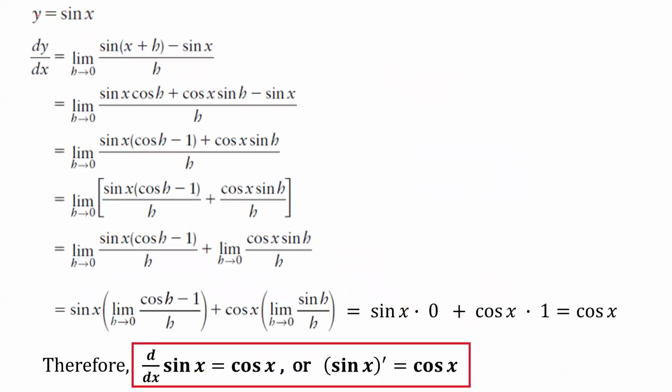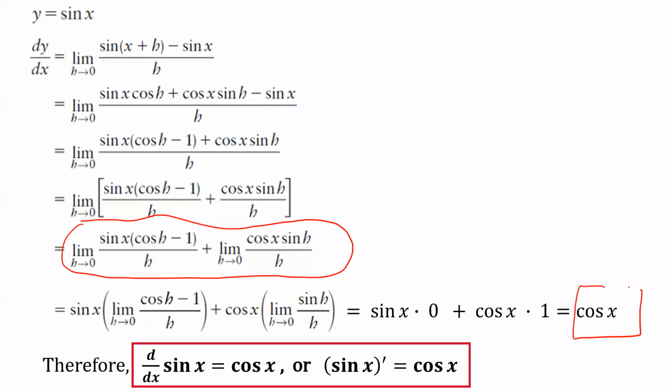Okay, so let's make a summary here. If y equals sine x, dy by dx equals the sum of the limits of these two expressions. And then we can prove that the second part is cosine x times 1. The first part is sine x times 0, right? Then the derivative of y equals sine x is actually cosine x.